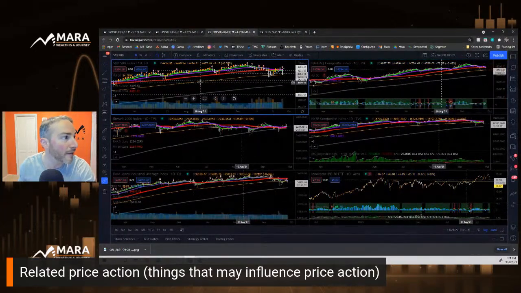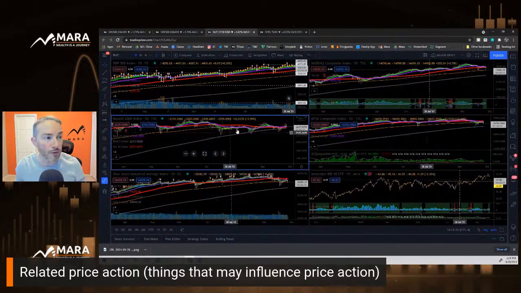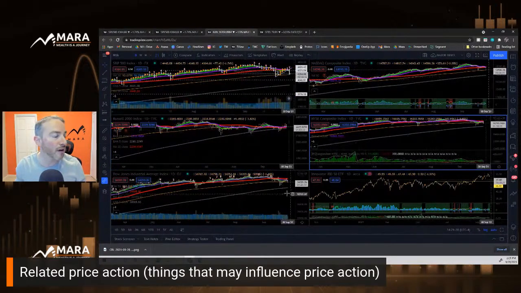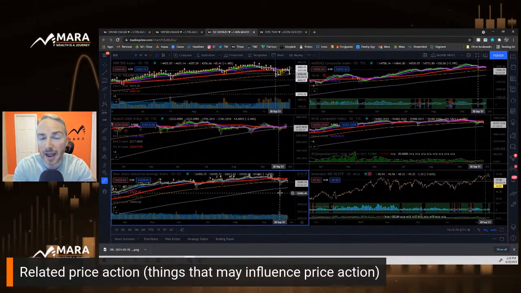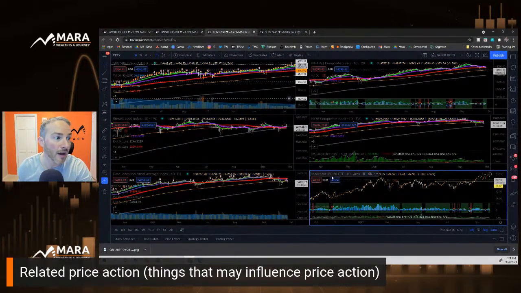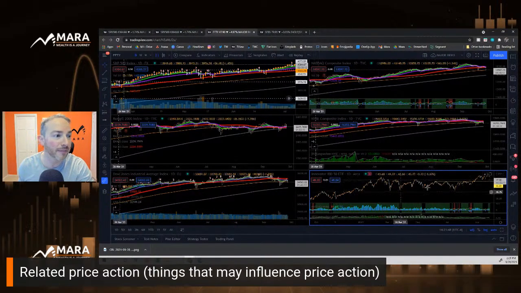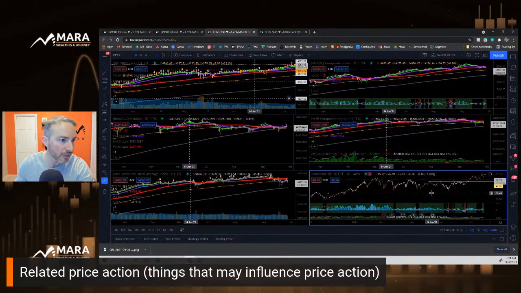I like to look at the S&P, Nasdaq, Russell 2000, New York Stock Exchange, and the Dow when I'm looking at the overall picture of the market. And I've also got this over here too, which is the IBD 50 ETF, FFTY. Many of the stocks that I like to trade tend to be reflective of this ETF here.